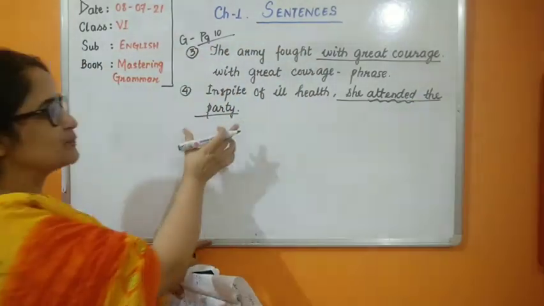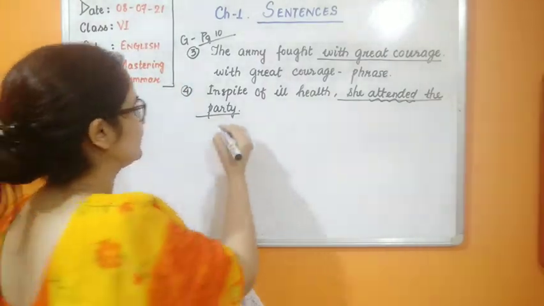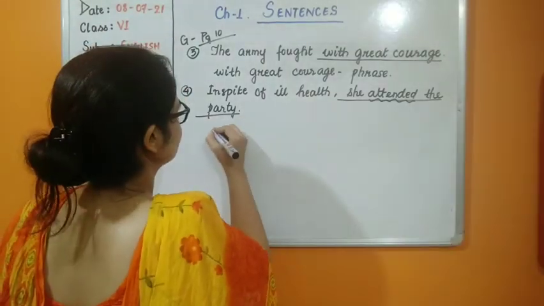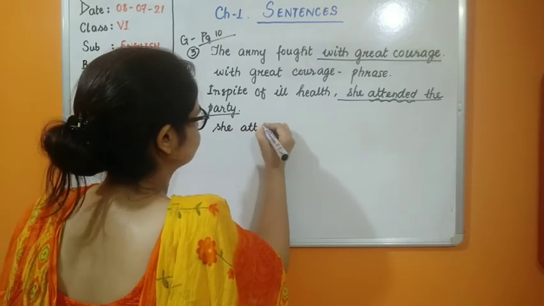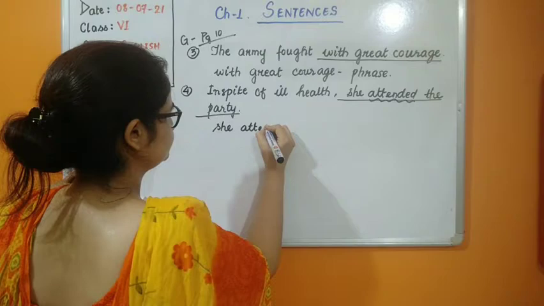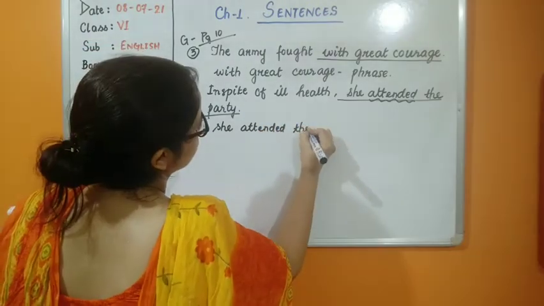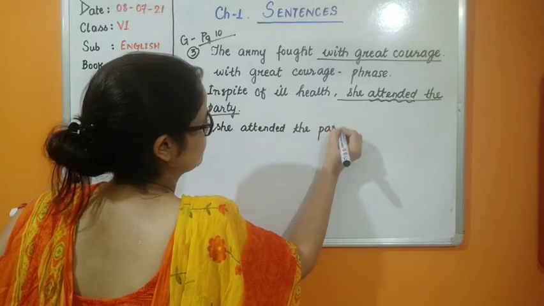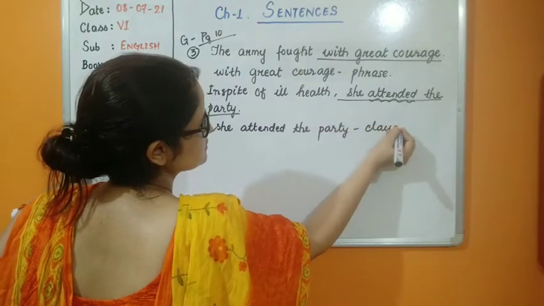So we can see we have a verb in this group of words. So yes children, this will be a clause. So she attended the party is a clause. Okay children, so this is a clause.